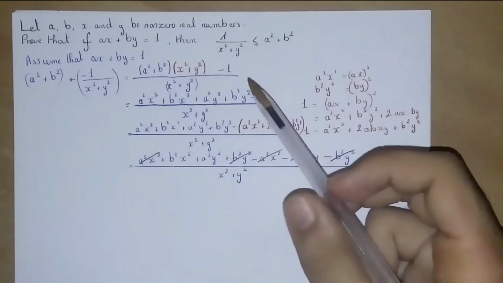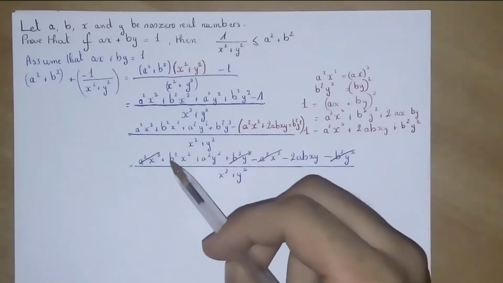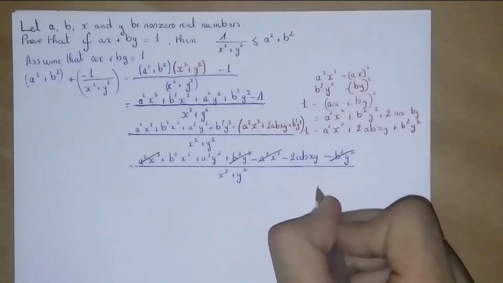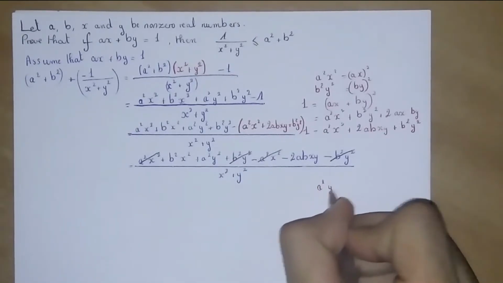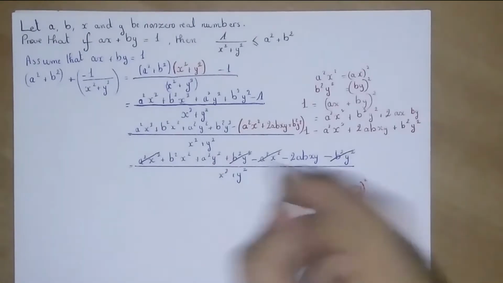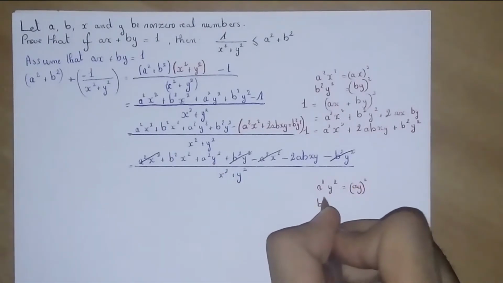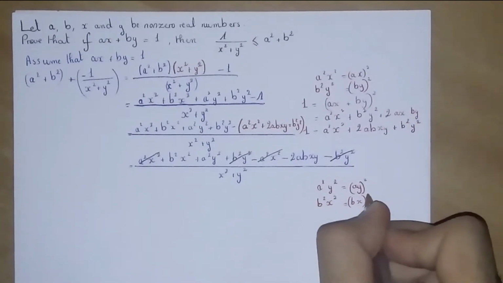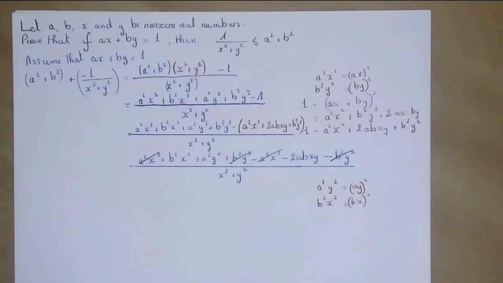Here, just like previously, I have these 2 terms, a squared y squared, which is again the same as ay all squared, and b squared x squared, which is bx all squared. So maybe I could use the same formula as here.